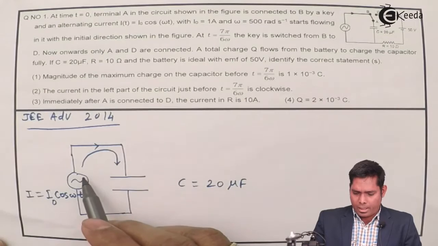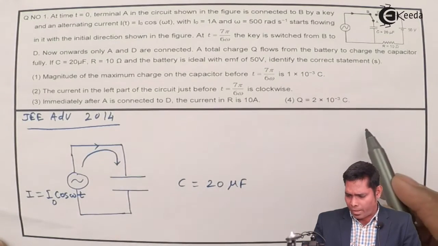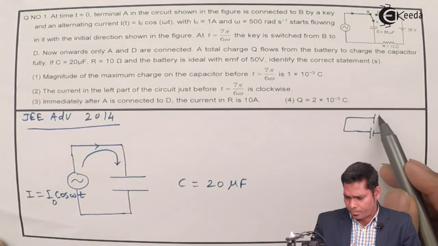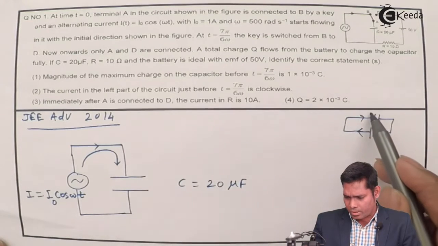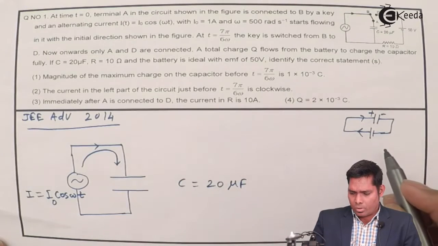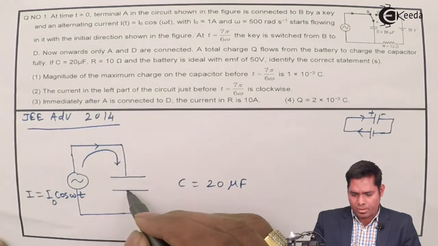Initially, as the current is in this direction, we know that if I have a battery connected to a capacitor, the current is in this direction. Suppose that this is positively charged and this is negatively charged. So this becomes positive and this becomes negative.